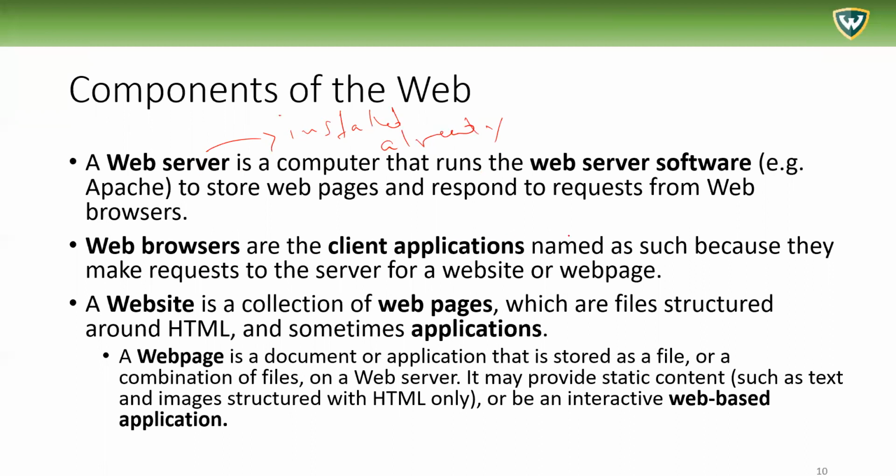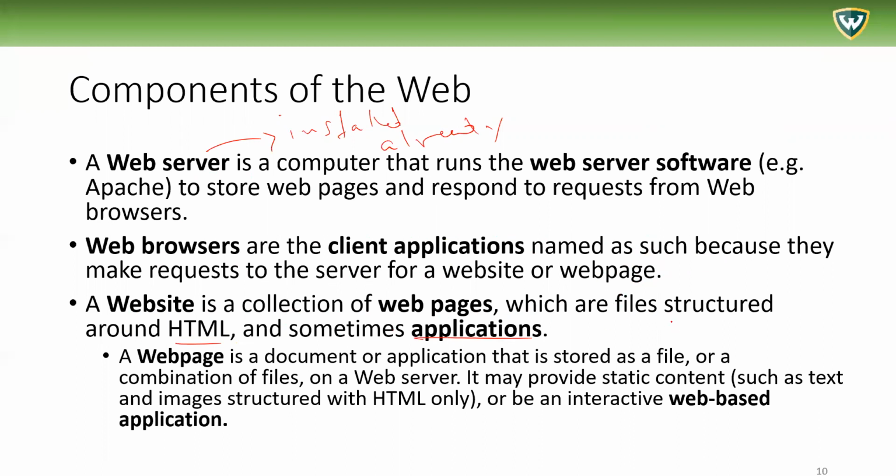Web browsers are the client applications, named as such because they make requests to the server for a website or web page. Examples are Google Chrome, Mozilla Firefox, and Internet Explorer, and there are others as well. A website is a collection of web pages, which are files structured around HTML, and sometimes they're also applications.